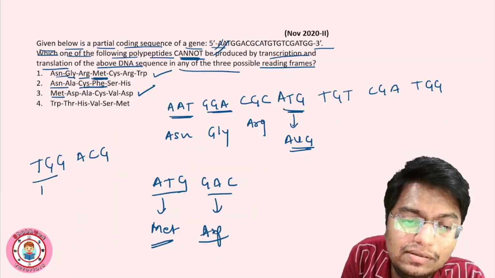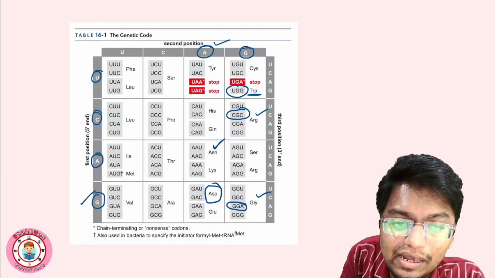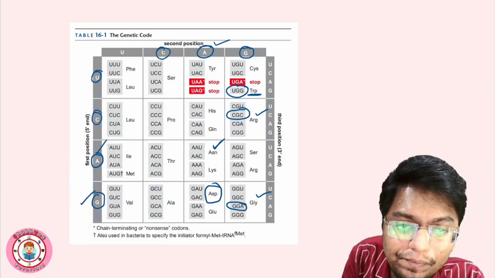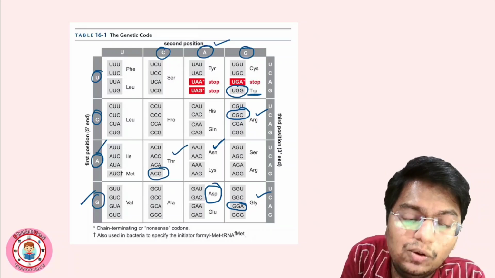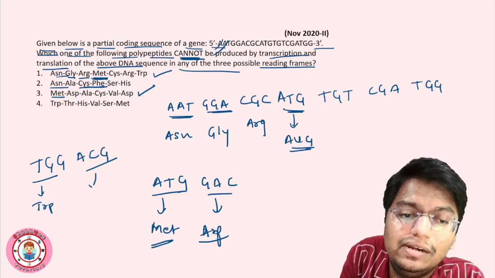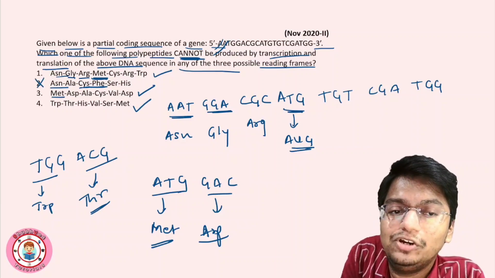Okay, this is tryptophan. And ACG, यहाँ पे A है, यहाँ पे C है. ACG is threonine. तो यार it is threonine. तो यस, ये भी रीडिंग फ्रेम है. ऑप्शन 2 ही इनकरेक्ट है.